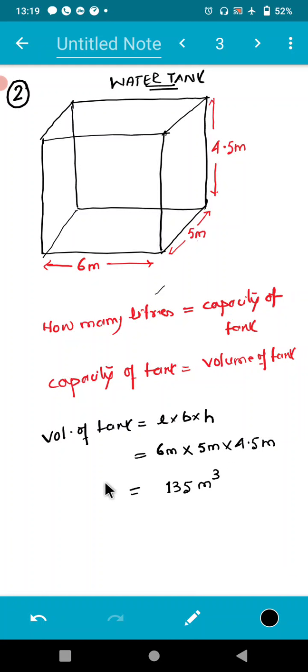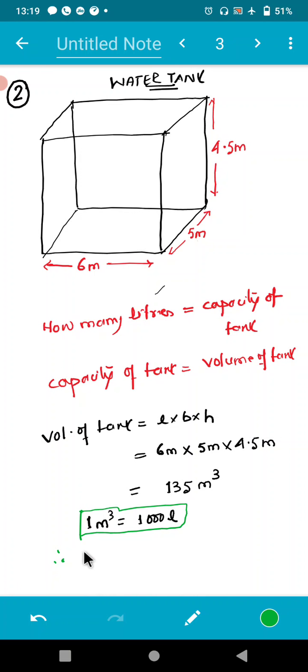For that, students, you need to know the conversions. We know that 1 meter cube is equal to 1000 liters. So this is a very important conversion, students. You need to remember this, because you have to apply this conversion in many ways. So always remember that 1 meter cube is equal to 1000 liters.